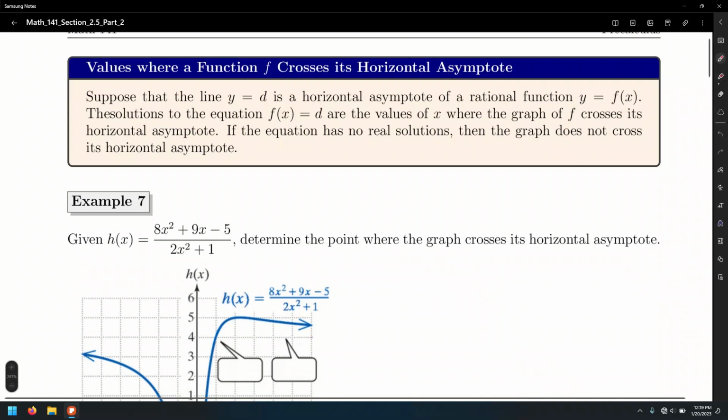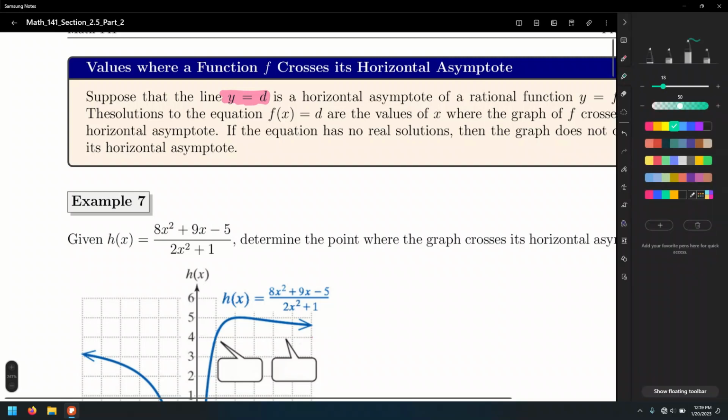Well, here is the thing. Again, horizontal asymptotes are described by equations y equals d, where d is any number, like y equals 5. That means a horizontal line at a y value equal to 5, for example, or negative 3 or 4/3, any real number. All we have to do is set the given rational function equal to the value of that horizontal asymptote and solve the equation.